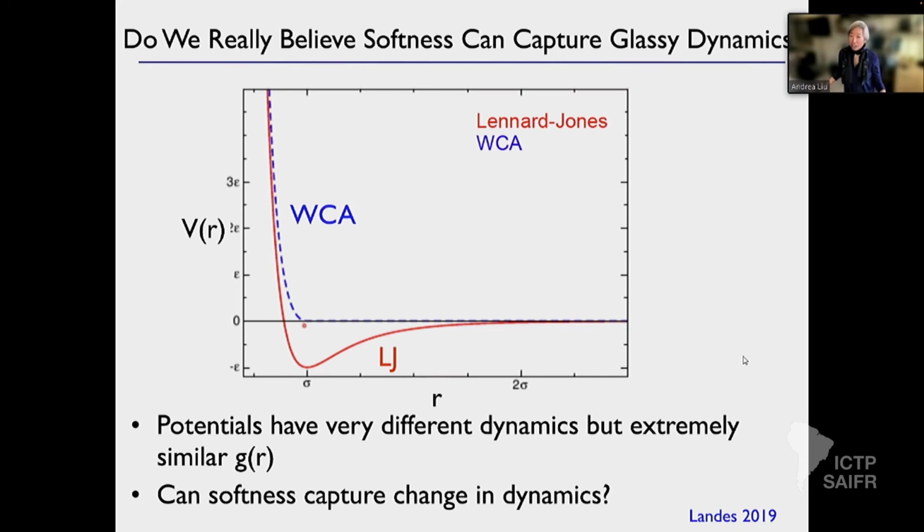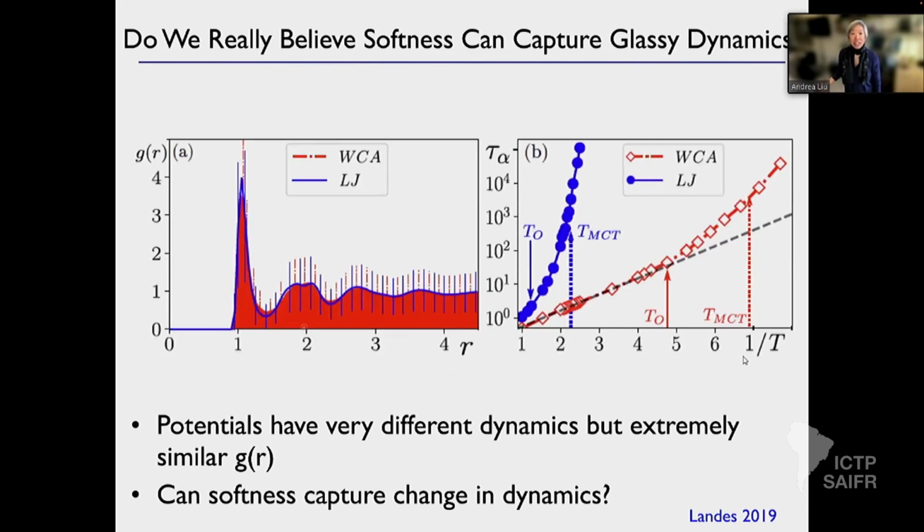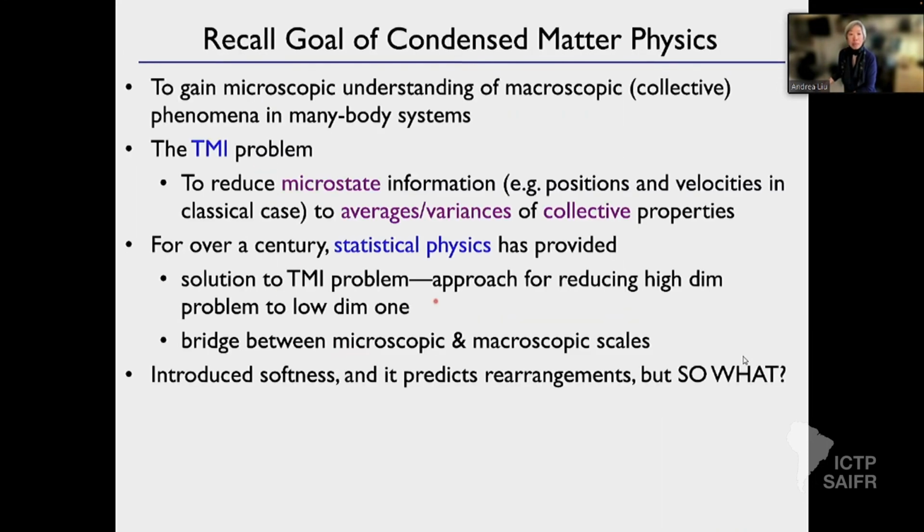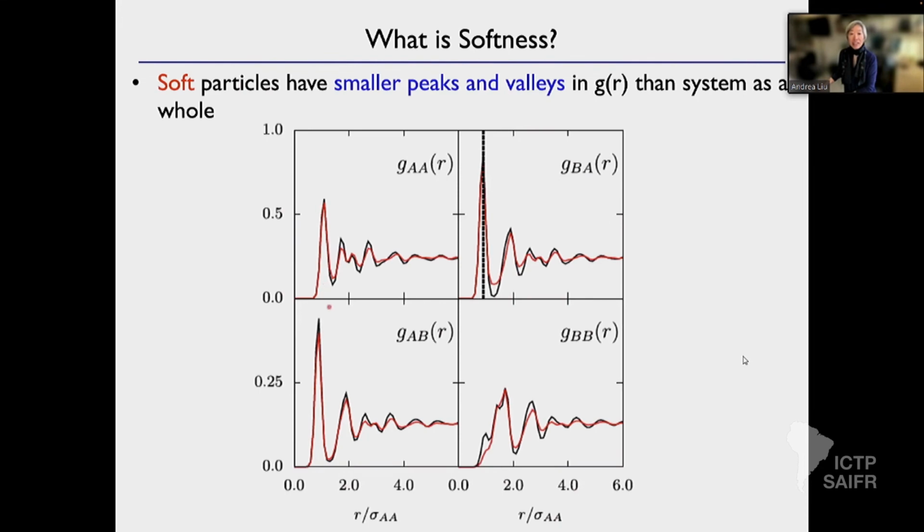So if their pair correlations are so similar, how can softness capture this huge difference in dynamics? So here's how similar they are. Here, the red is the WCA potential, the purely repulsive, and the blue is the Lennard-Jones with a bit of attraction. You see they're extremely similar. But there's hope. I just showed you the difference between the soft particles and all the particles.